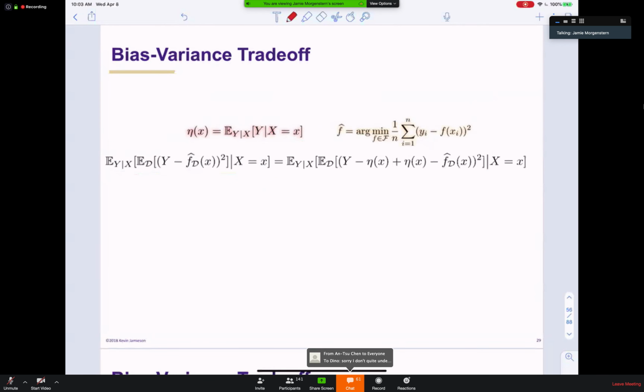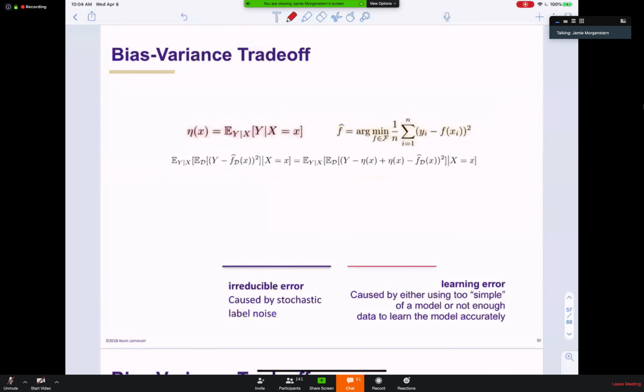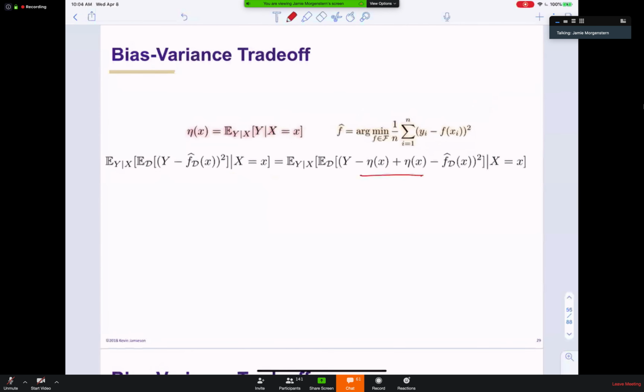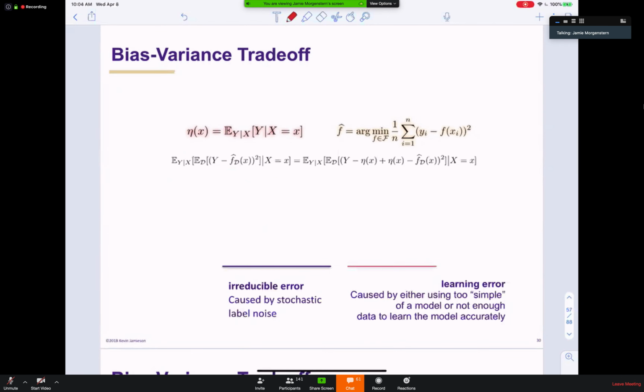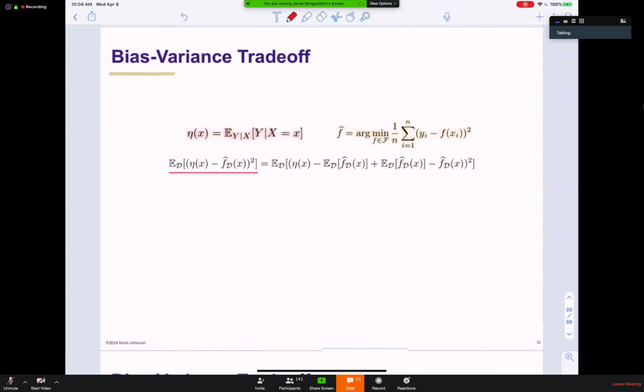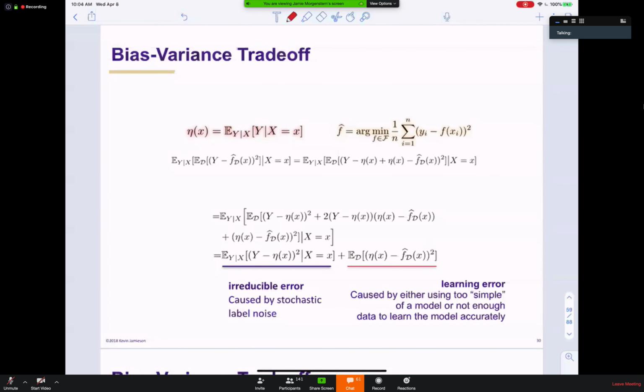So we can do something simple and just add and subtract the expected f hat of x from that term, right? We haven't changed anything here. We've just added and subtracted the same term. And we're just doing a nice complete the square.